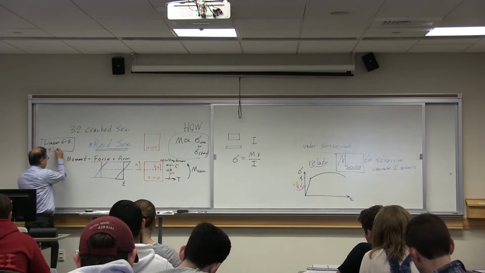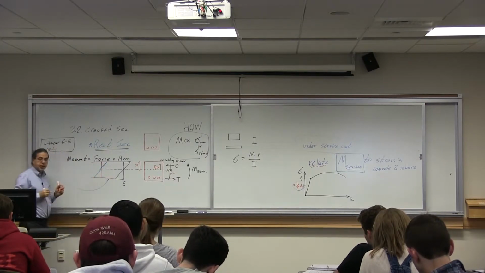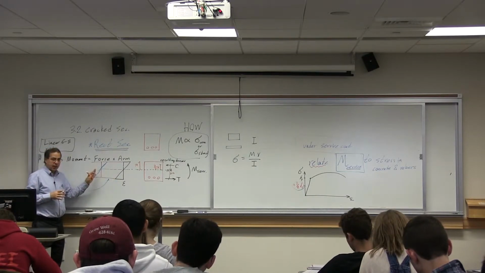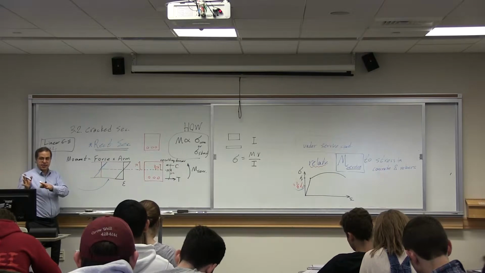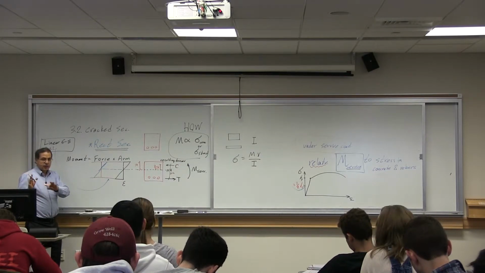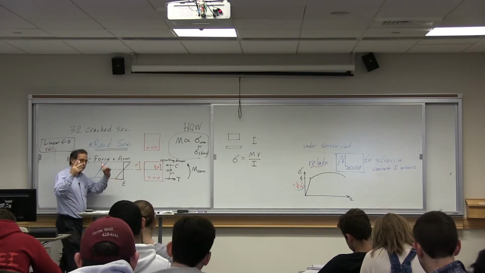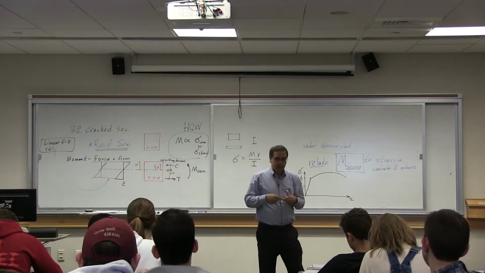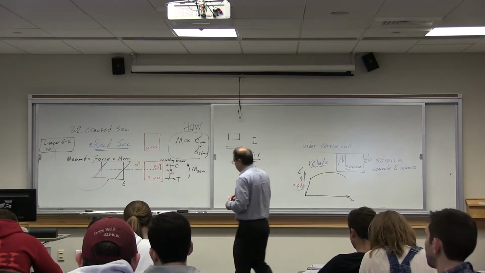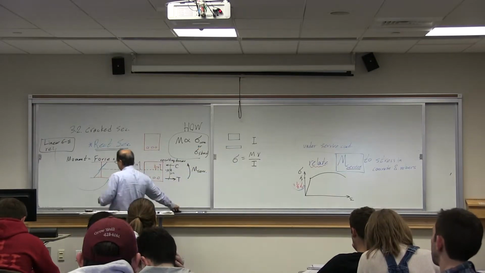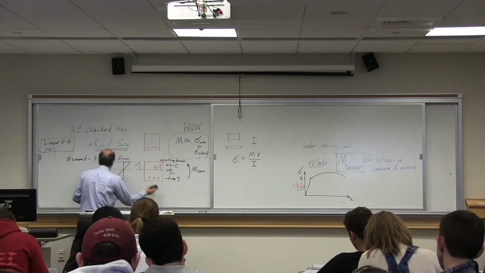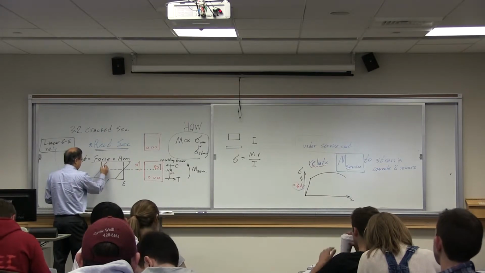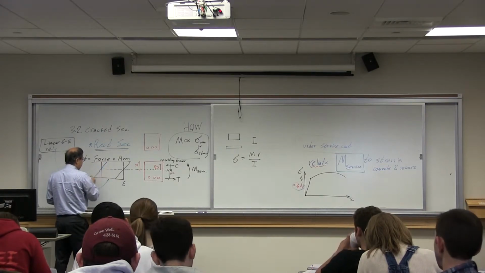Why? Because material properties are linear. These two linear curves have very different reasons. This has to do with our beam theory that we are applying. This one has to do with the fact that we assume material properties will remain linear.